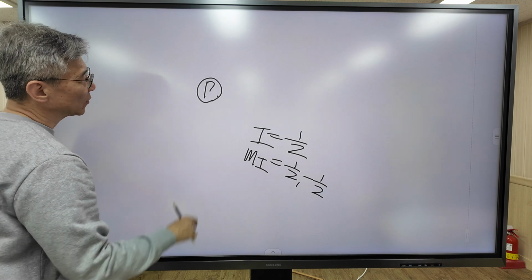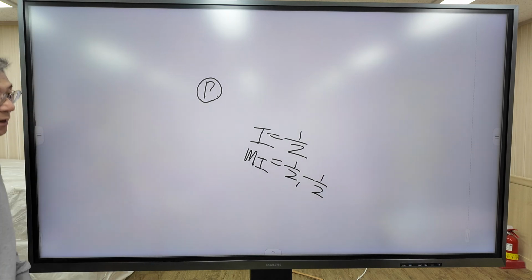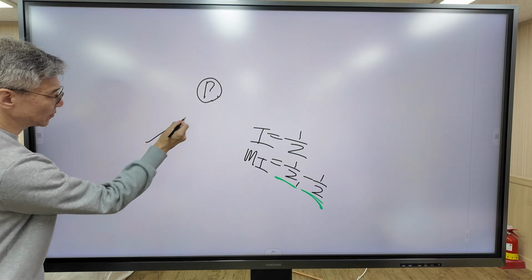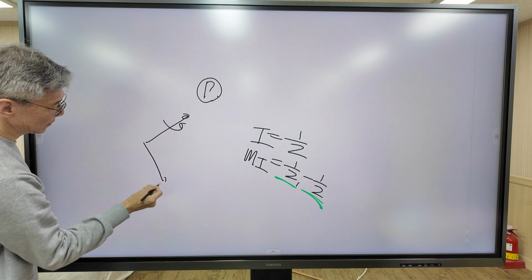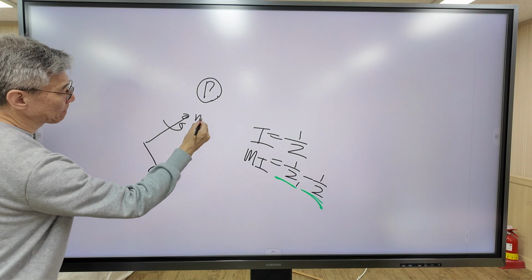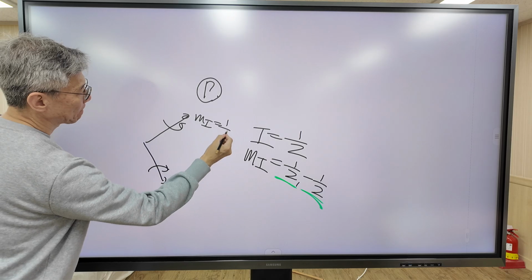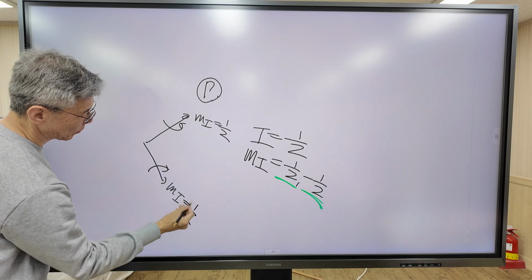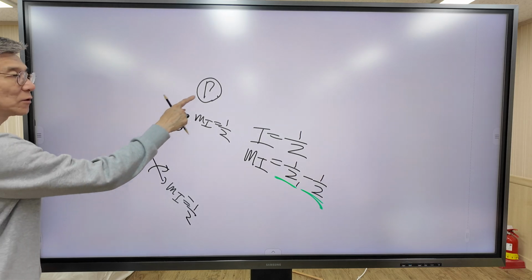As you know, the proton is a charged particle. This is up spin. This is down spin. As you know, the proton carries charge.